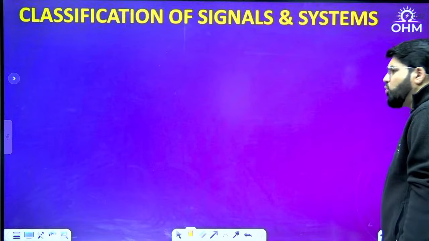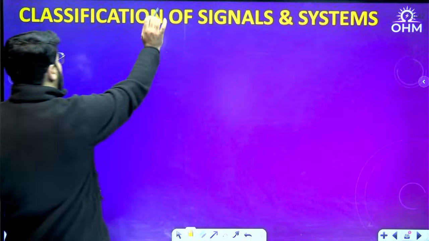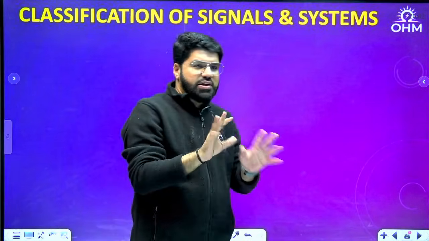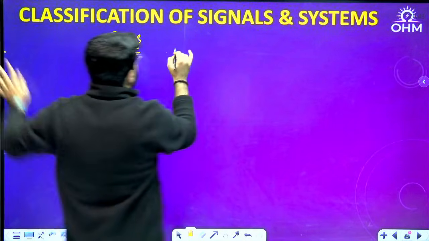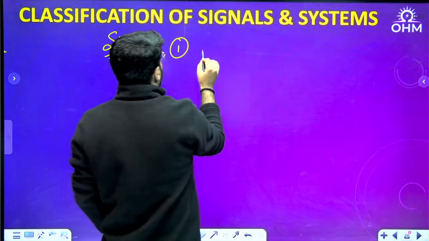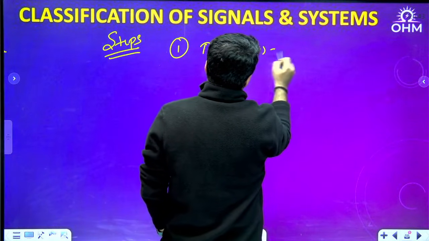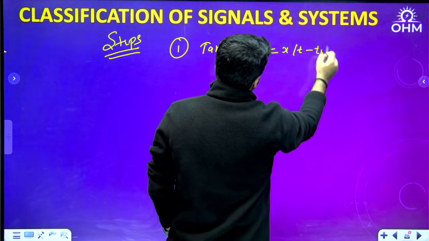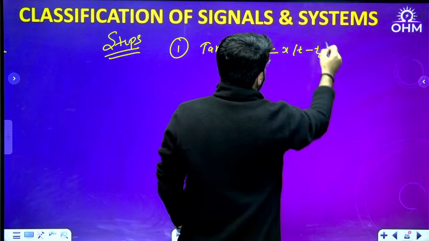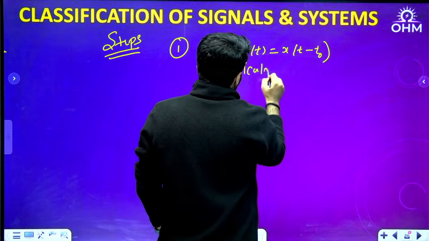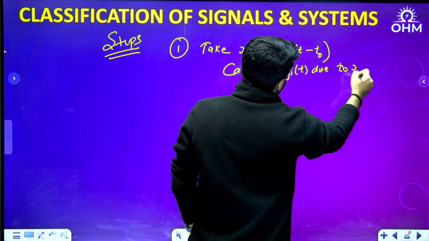Now if you want a systematic procedure, just for your revision, I'll tell you the method. What are the steps to check? Step number 1: take the delayed input, x of t minus t naught, and call this input x1(t). Then calculate y1(t) due to x1(t).